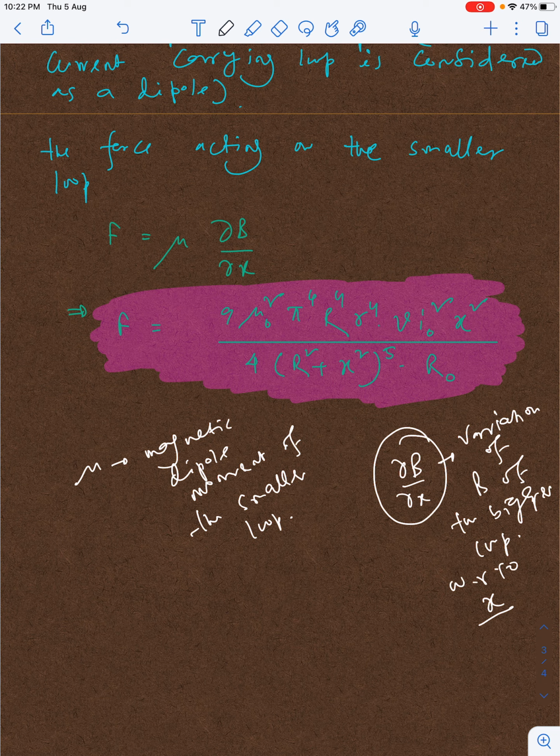So if I substitute, finally F comes to be this. This is a huge quantity, right? And we can see that F is directly dependent on the value x, hence it is not a constant force. The force changes with the value of x.